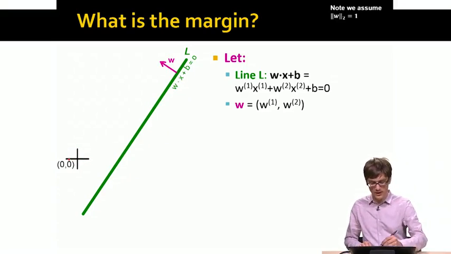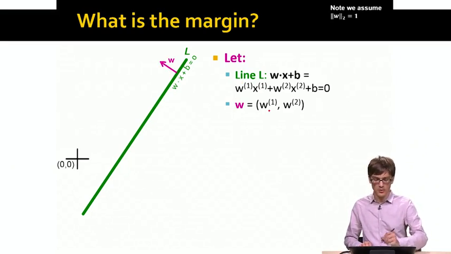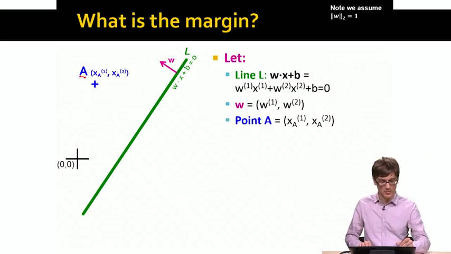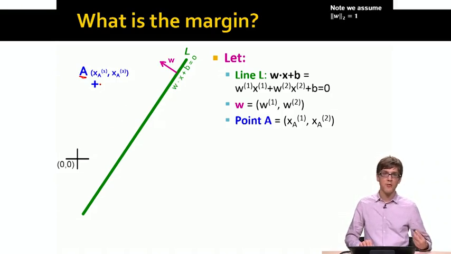Another thing we have is this vector w that defines the line, and it has two coordinates, w1, w2. Now let's pick some data point A that has coordinates x sub a1 and x sub a2. Our goal is to ask: what is the margin of this data point? How far is this data point from the separating plane?